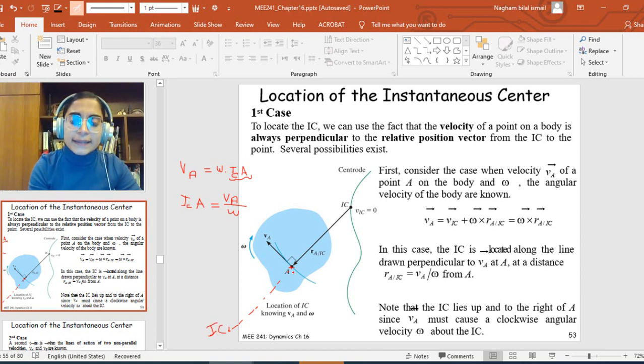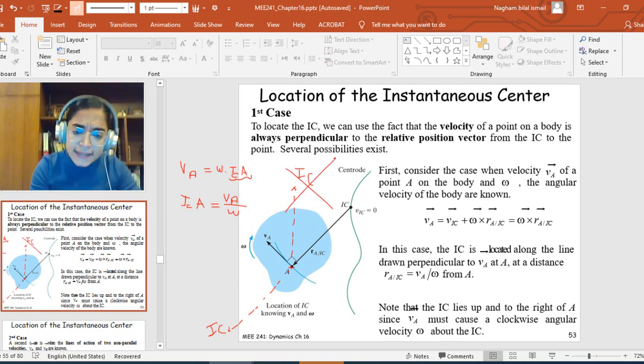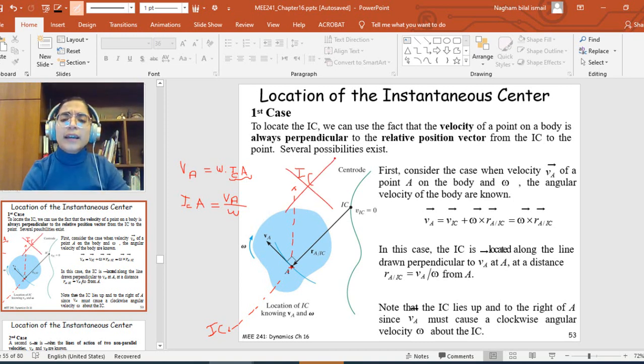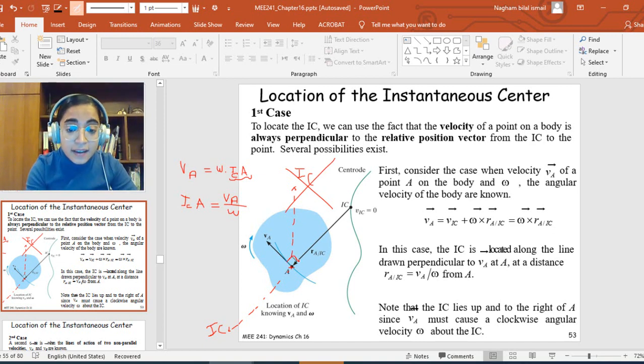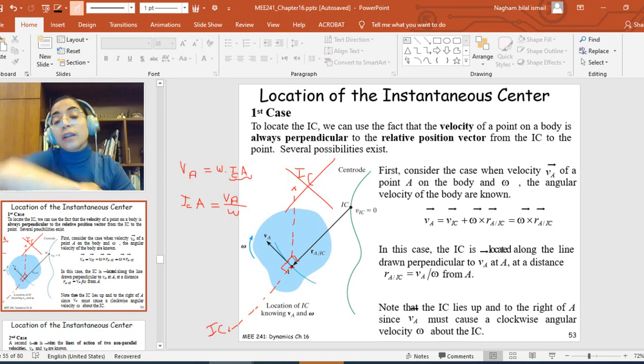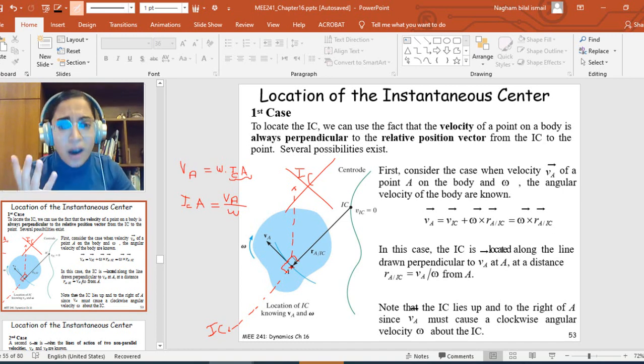Now, why can it not be here, for example, on this oblique line, such that ICA is equal to VA over omega? Because this IC does not belong to the line that is perpendicular to VA. Don't forget, guys, that this IC should be located on the line that is perpendicular to VA. Why?